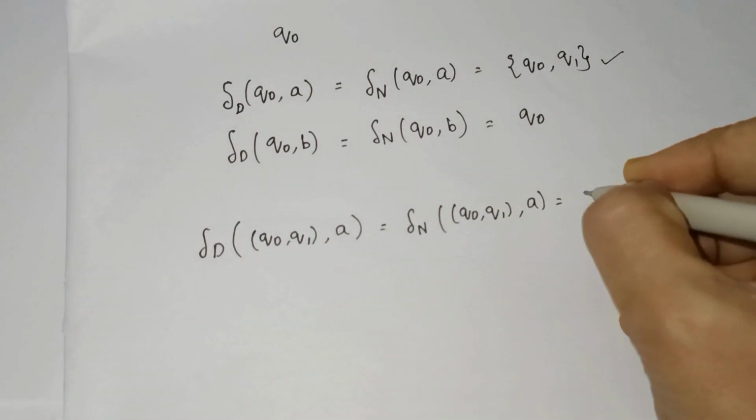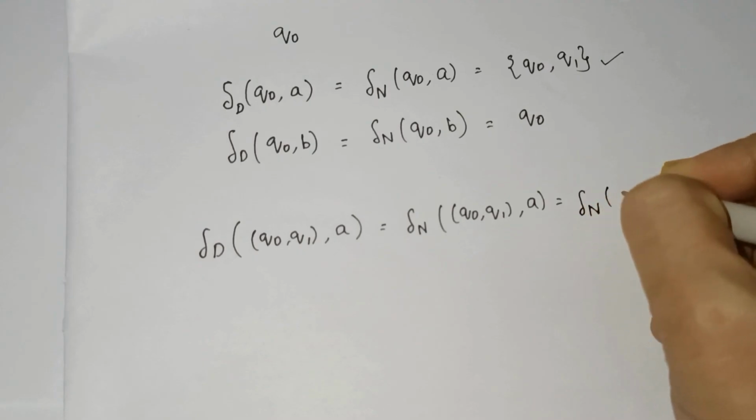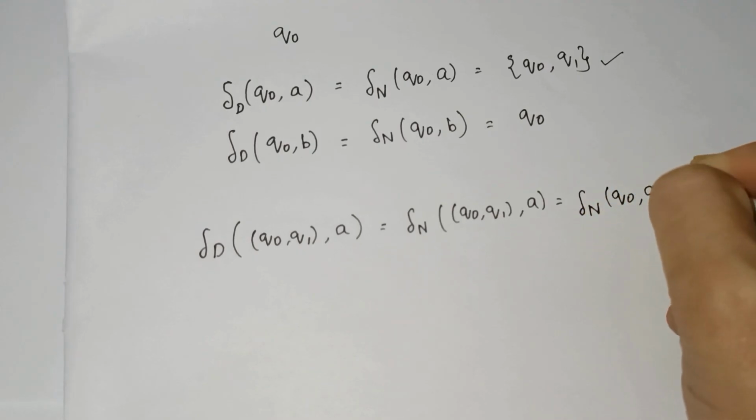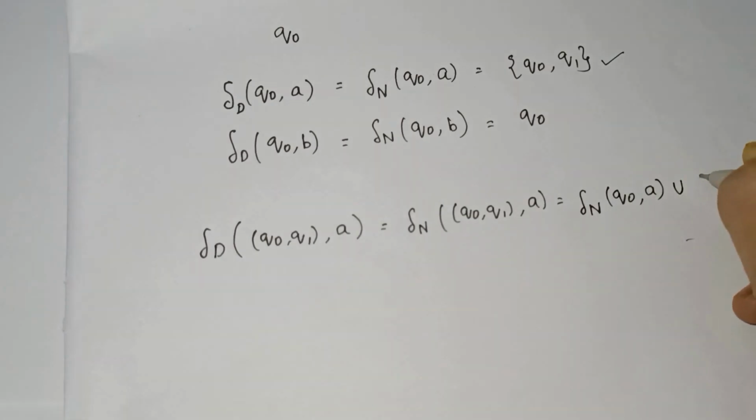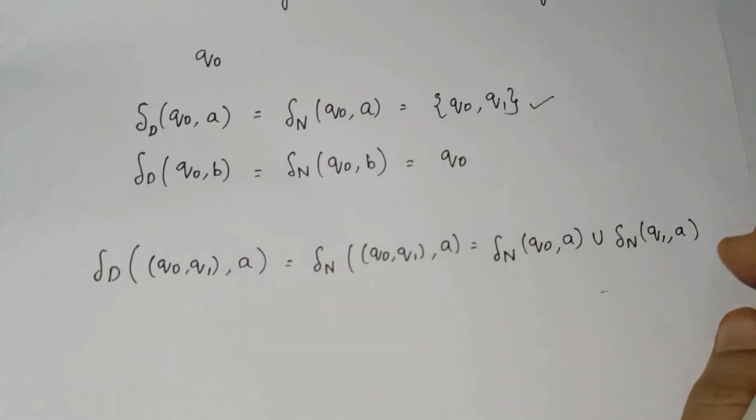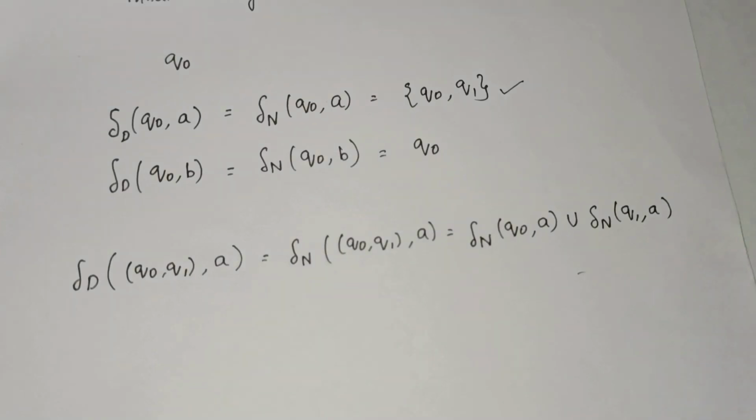That equals delta N of Q0 on A union delta N of Q1 on A. This is the step we understood in the last procedure. Like that we will split it.